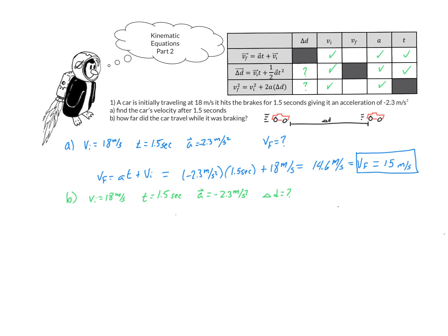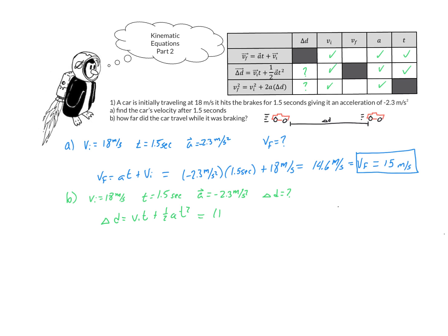So the only one of these that is filled all the way across is the second one. That's the one we're going to use. I begin by writing down the formula I'm going to use. Delta D equals VIT plus 1/2 AT squared. And then I plug in my numbers.